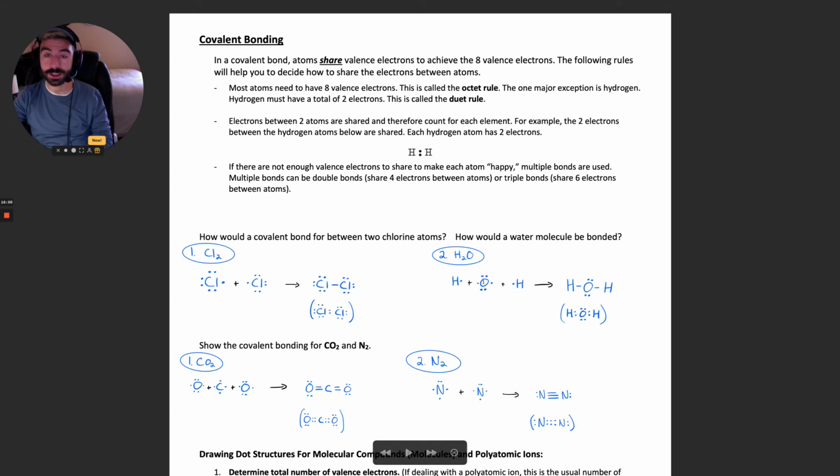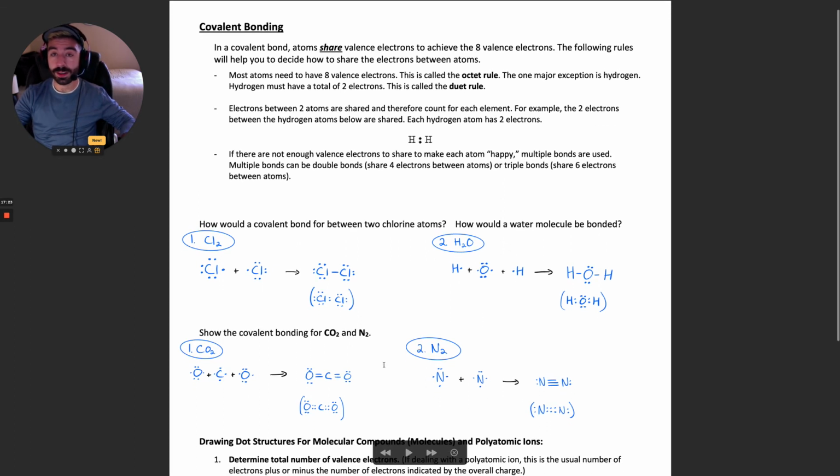So oxygen can form 2 bonds, whereas hydrogen can only form 1. But there's 2 hydrogens. So it pairs up like this. The oxygen forms 2 bonds with the 2 hydrogens. So that looks like this. This hydrogen has 1, 2 electrons. Same thing here. And this oxygen has 1, 2, 3, 4, 5, 6, 7, 8, because each of these lines counts as 2 electrons. It's a pair of electrons that's being shared, and we draw that as a single bond.